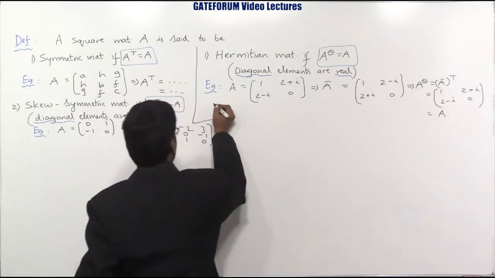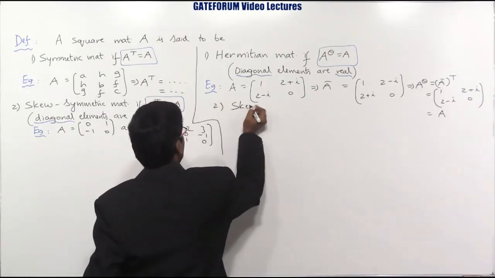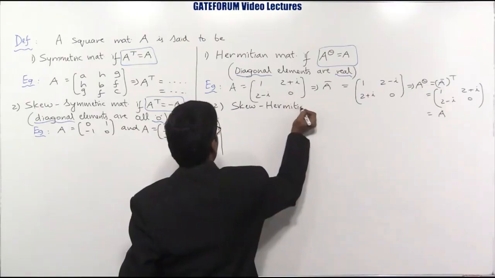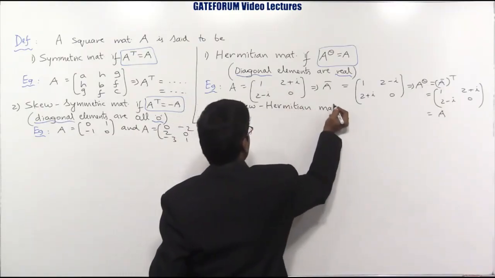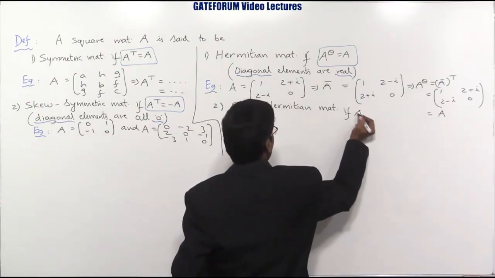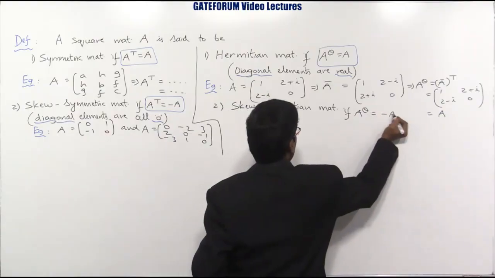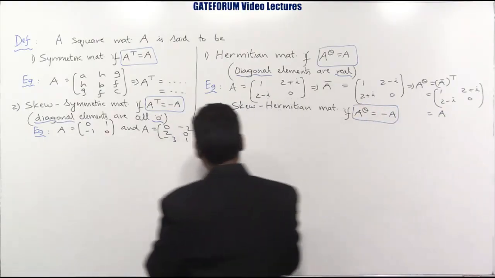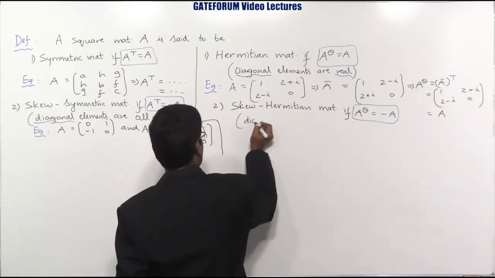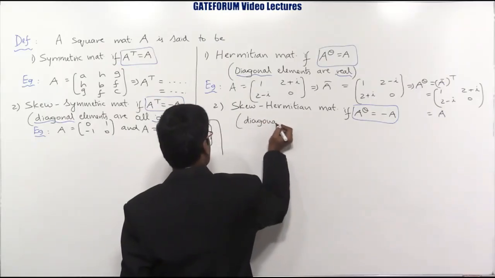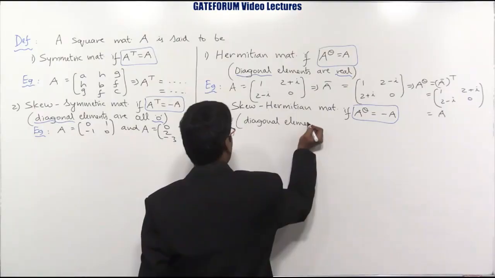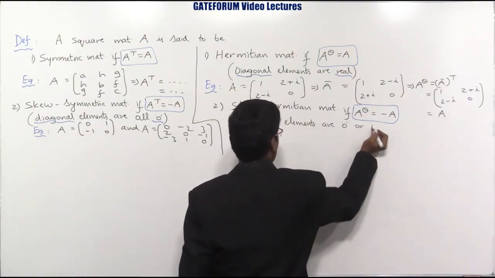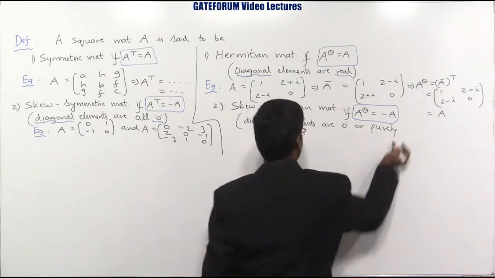On the other hand, skew Hermitian matrix if A power theta is equal to minus A. In this, the condition is diagonal elements are 0 or purely imaginary.